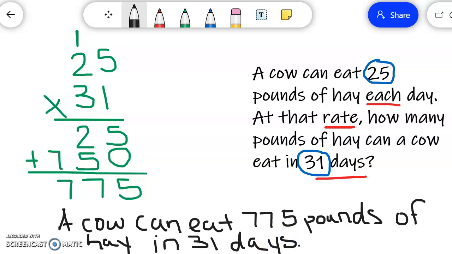And my sentence should be a restatement of my question. So that is an example of a 2-digit by 2-digit multiplication fact that was embedded in a word problem.